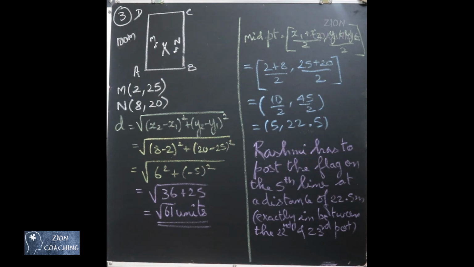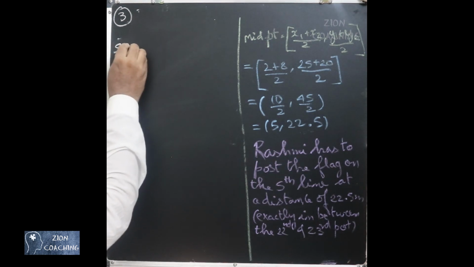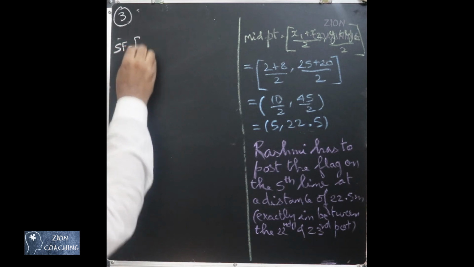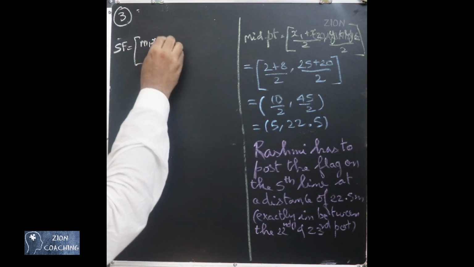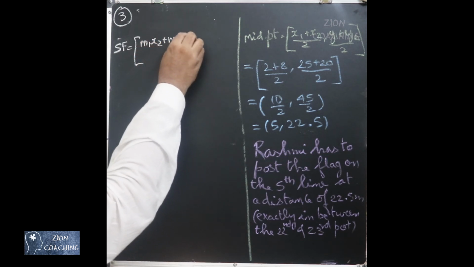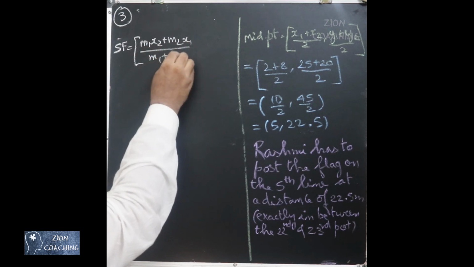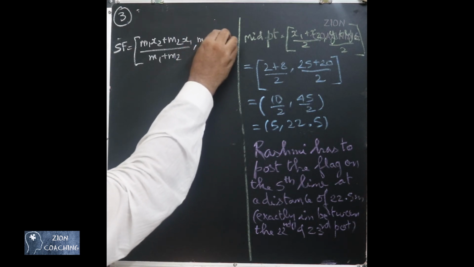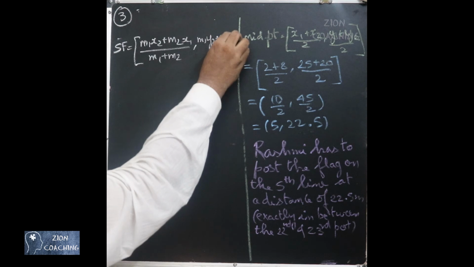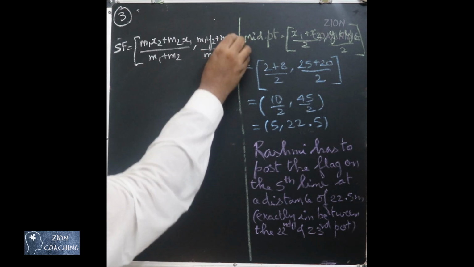Now I will just explain to you how we got that midpoint formula from the section formula. Now your section formula is (m1 x2 plus m2 x1) by (m1 plus m2), comma (m1 y2 plus m2 y1) by (m1 plus m2). This is your section formula.